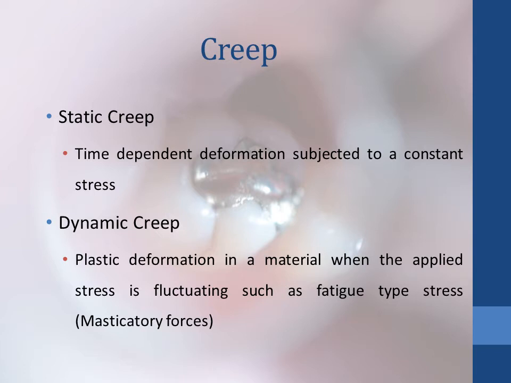However, static, as the name suggests, is the deformation due to a constant stress, whereas dynamic is present in materials when the applied stress is fluctuating, such as fatigue. The masticatory forces bring about dynamic creep because obviously they're not constant, they're different when doing different functions. So these are the two types of creep, and amalgam is subjected to both static as well.